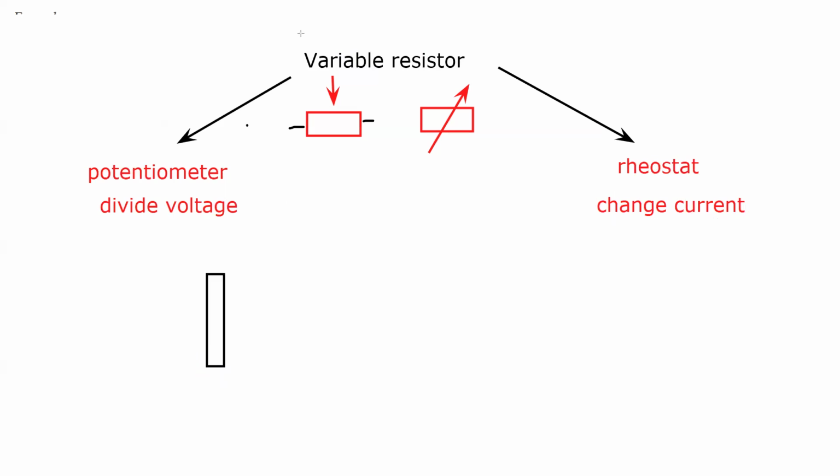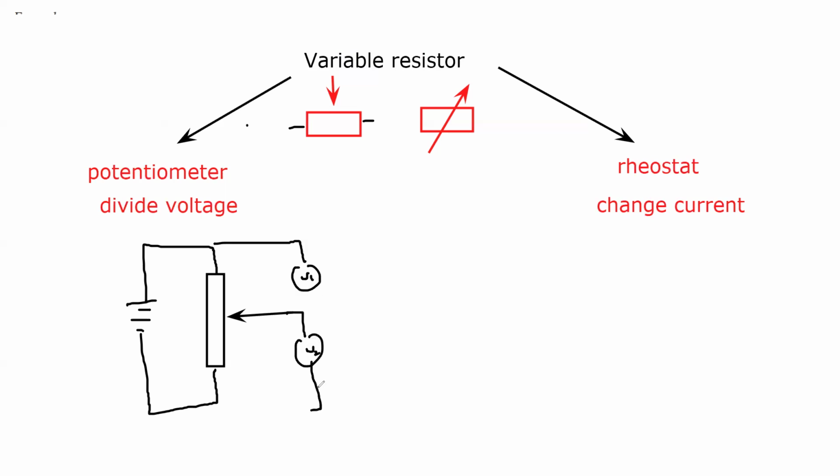So this is a variable resistor which has two fixed ends and one movable, or sliding, contact. Like for example, we can connect two voltmeters, voltmeter one connected here and voltmeter two connected here.